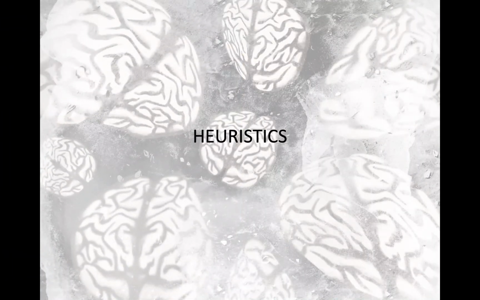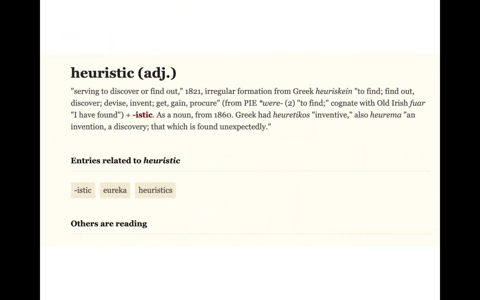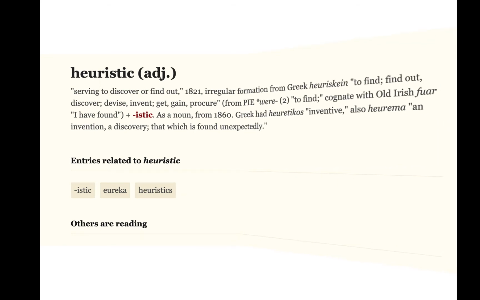This Lindy effect theory, developed by Taleb, is what we call a heuristic. Now, if we look at the etymological roots of the word heuristic, you'll see that it traces from the meaning of serving to discover or find out, from the Greek word heuriskein, which means to find out, to discover, to devise, to invent, to get, to gain, to procure, and as a noun from the Greek word heuretikos, which means inventive, an invention, a discovery, or that which is found unexpectedly.